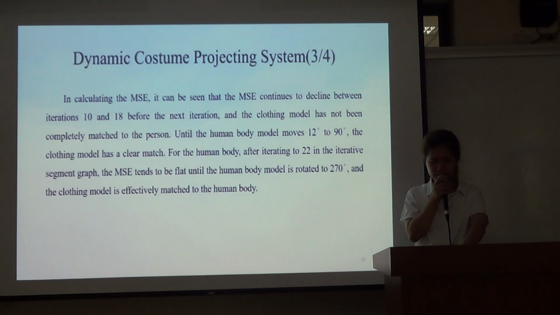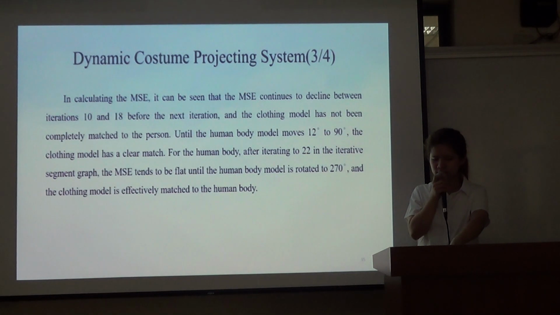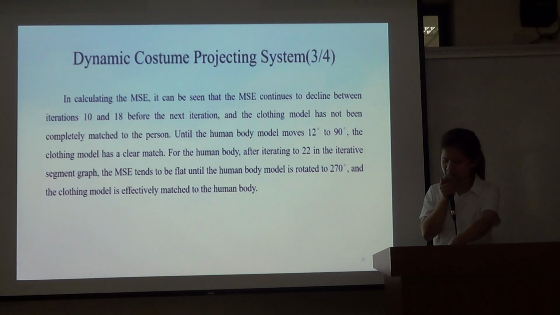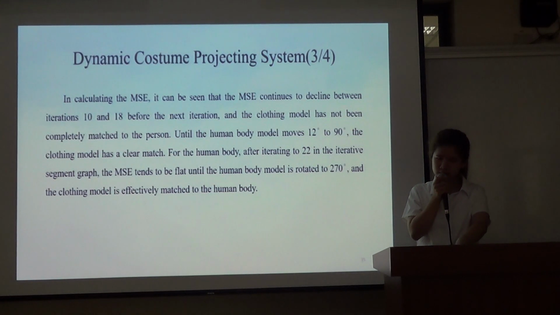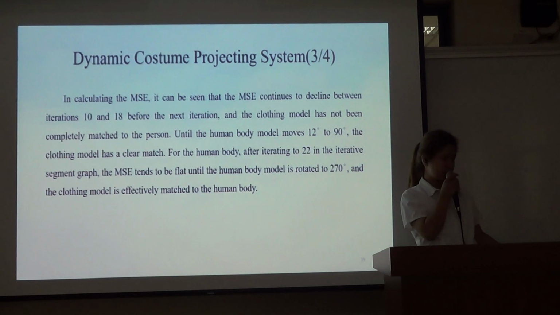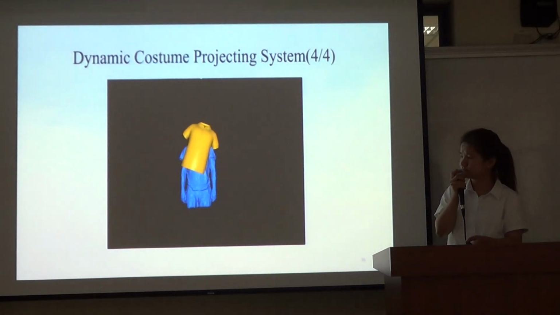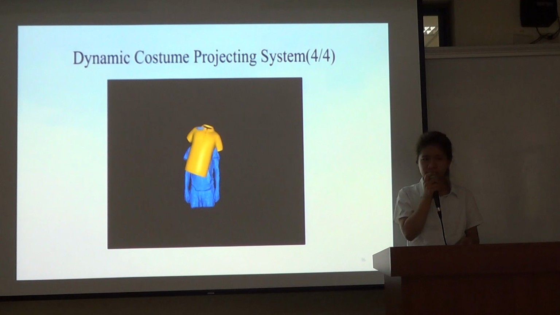After 22 iterations in the iteration group, the MSE tends to be flat until the human model is rotated to 270 degrees. The clothing model and the human model are perfectly matched. This is the dynamic model projection effect.